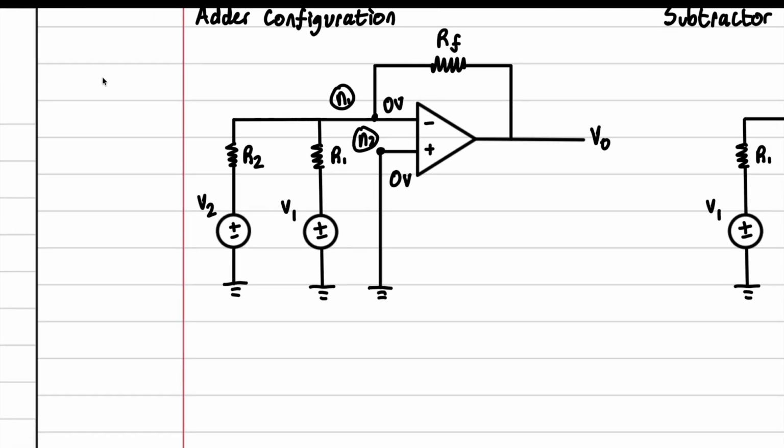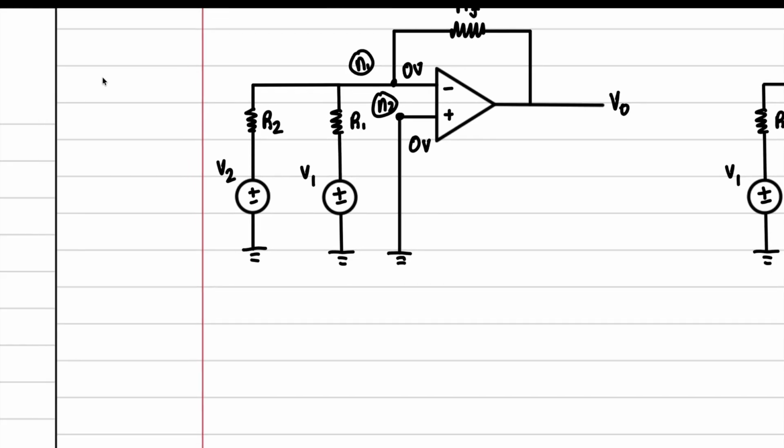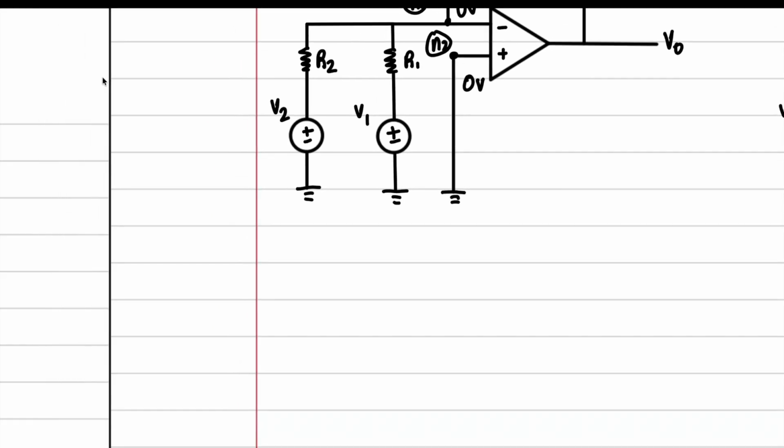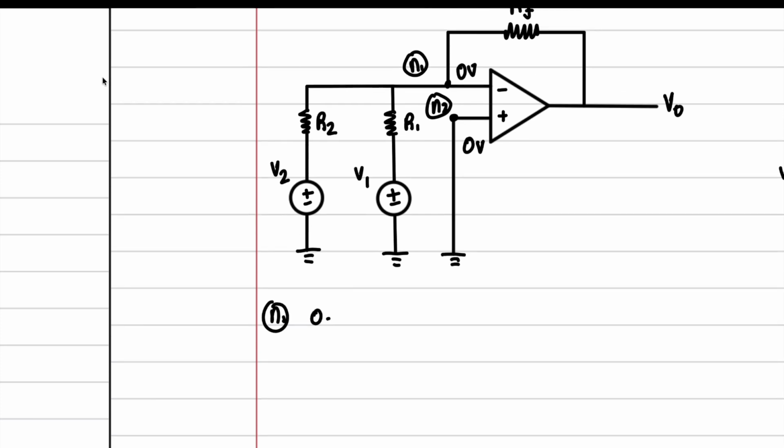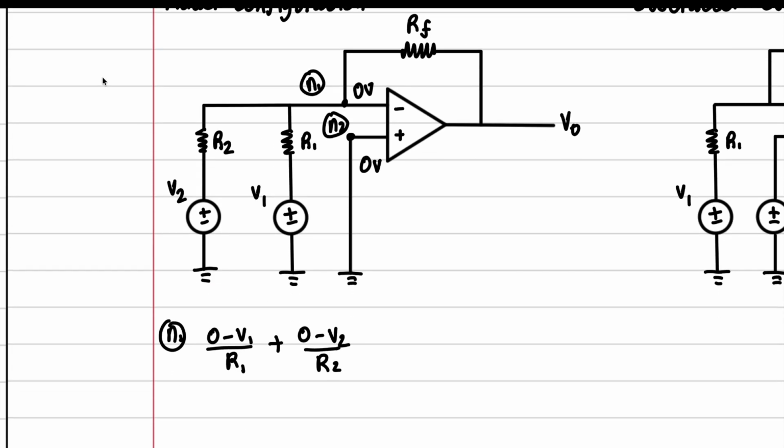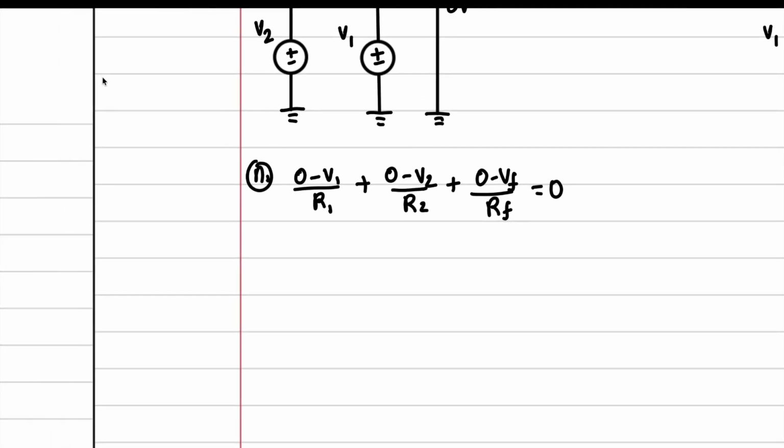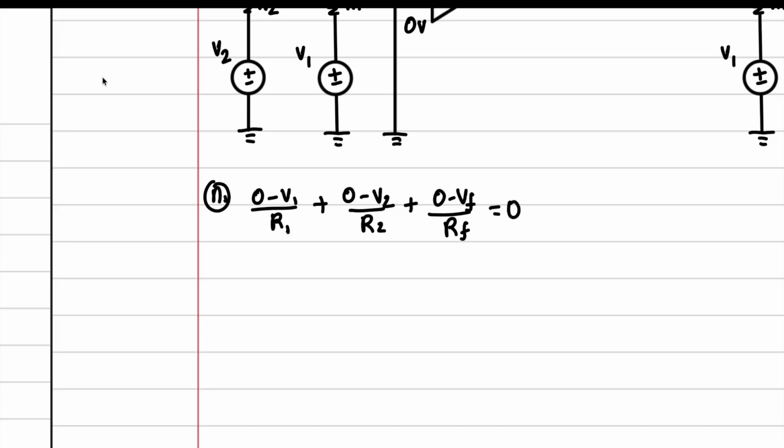And now we are going to solve for N1 once again. N1: 0 minus V1 over R1 plus 0 minus V2 over R2 plus 0 minus VF over RF equals 0. Now we're going to go ahead and move VF over to the other side.